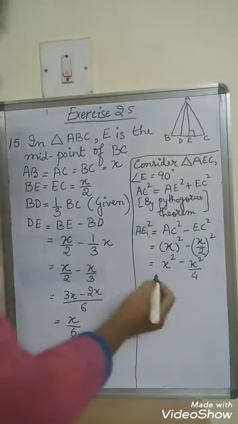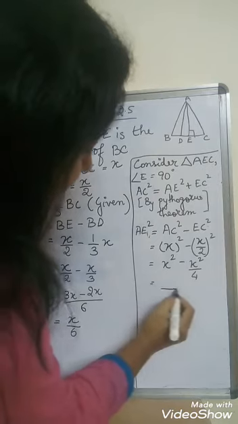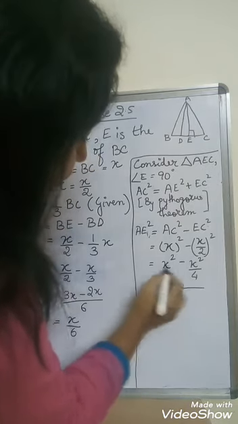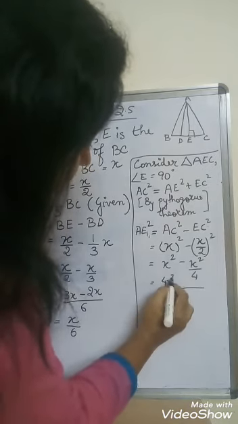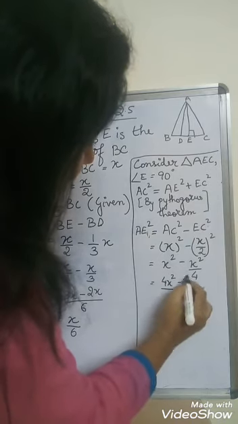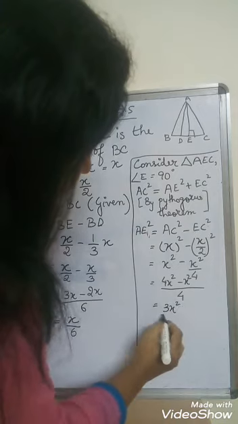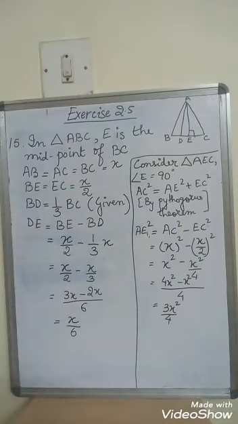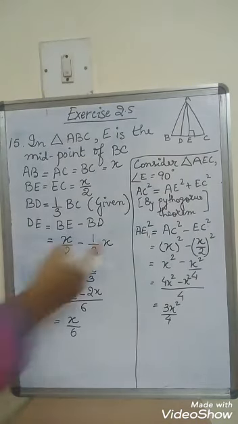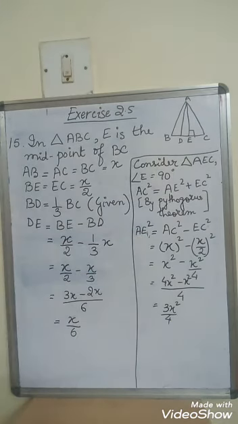Further, the LCM will be 4, so 4X square minus X square by 4. It is 3X square by 4. So this is the value of AE square.